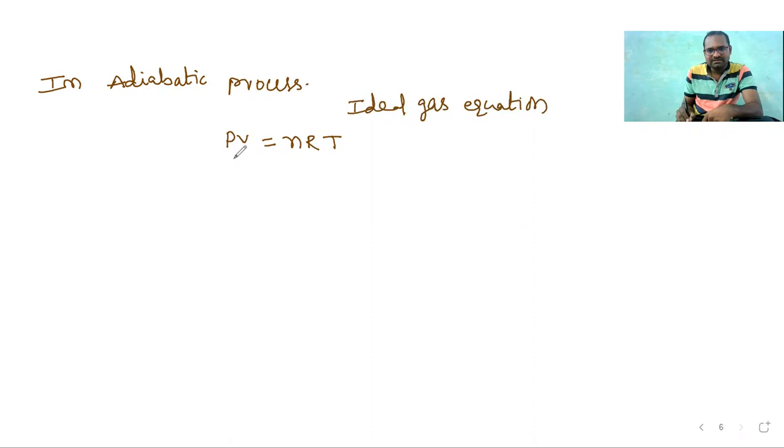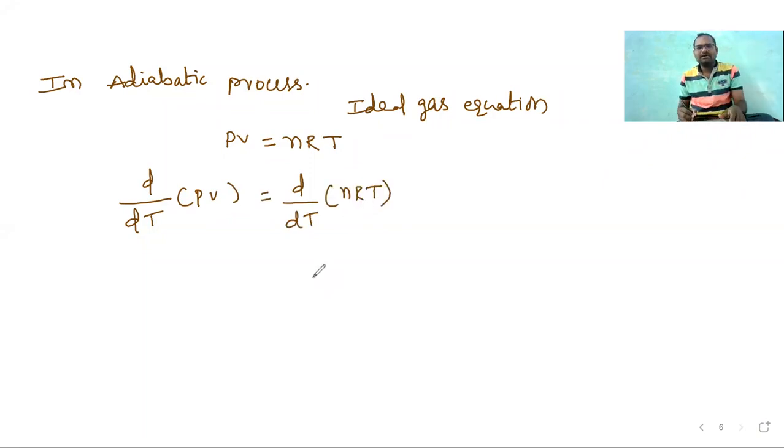P is the pressure, V is the volume, n is the number of moles, R the gas constant, and T the temperature. Now, let us take a derivative of this with respect to temperature on both sides: d by dT of PV is equal to d by dT of nRT.